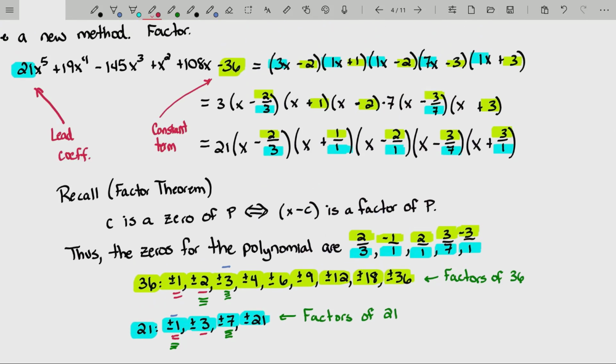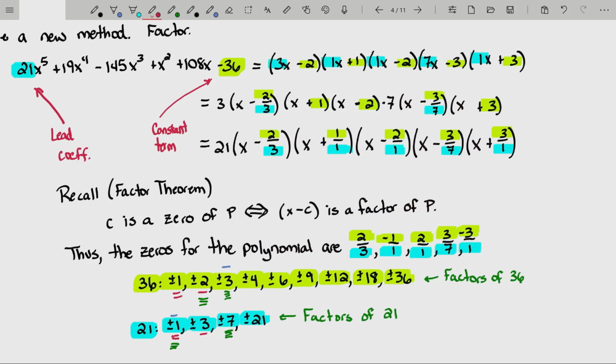I just want to draw your attention to the fact that 36 was the constant term and 21 was the lead coefficient, or leading coefficient, just depends on who you talk to. The 36 came from the constant term and our numerators for our zeros were factors of that. And our denominators for our zeros were factors of the leading coefficient. And that is called the rational roots theorem.